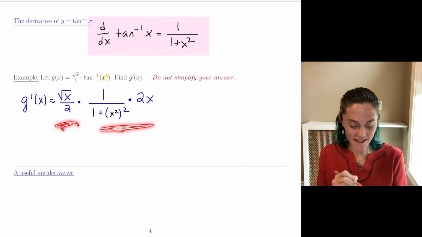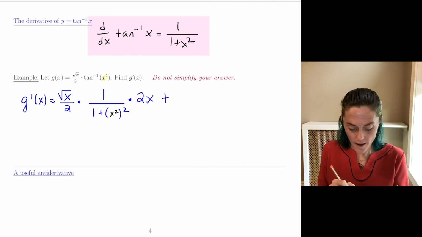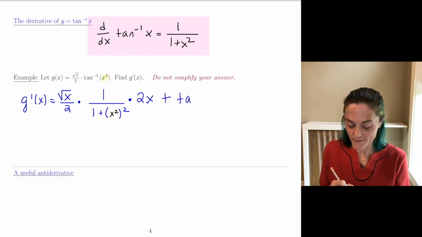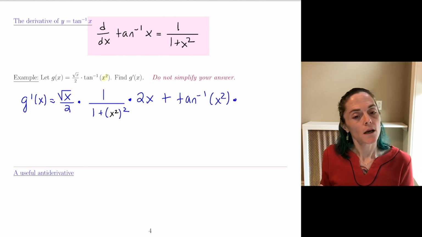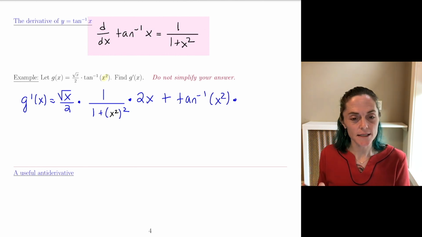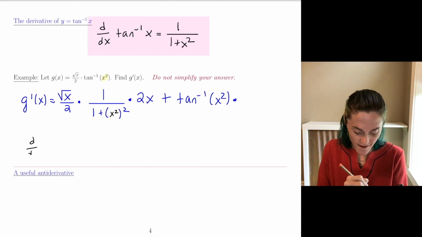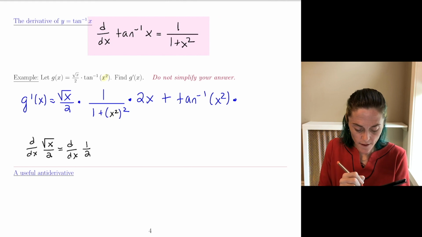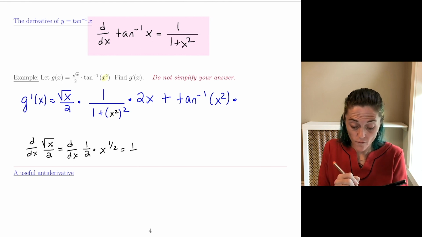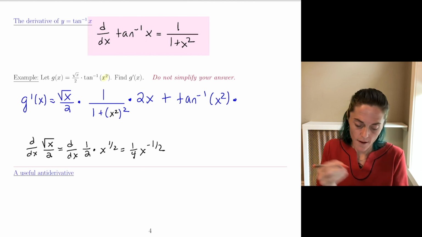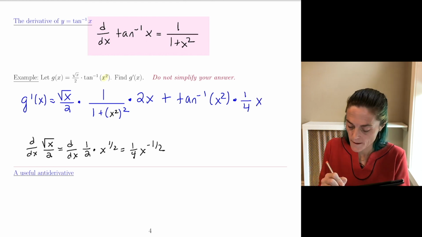First, the derivative of the second, and then plus the second times, well, the derivative of the first. Maybe I'll write it down here as side work. This is 1/2 times x to the 1/2. So I would get 1/4 x to the minus 1/2. And let's write this here.